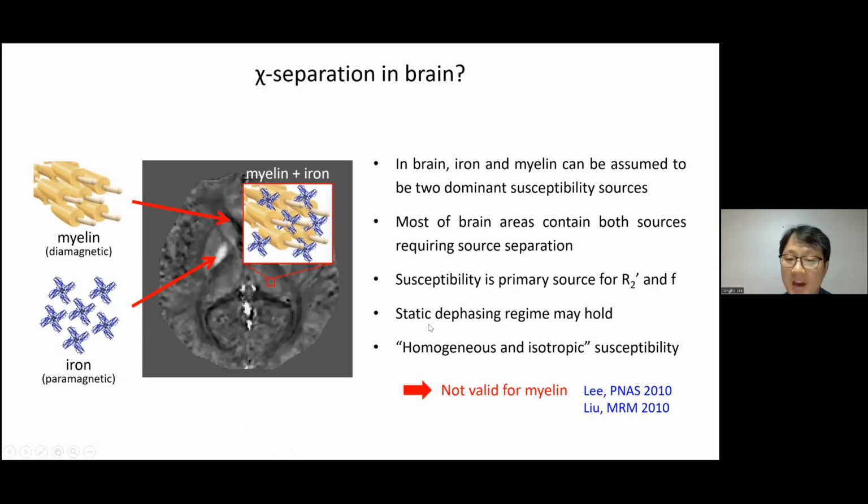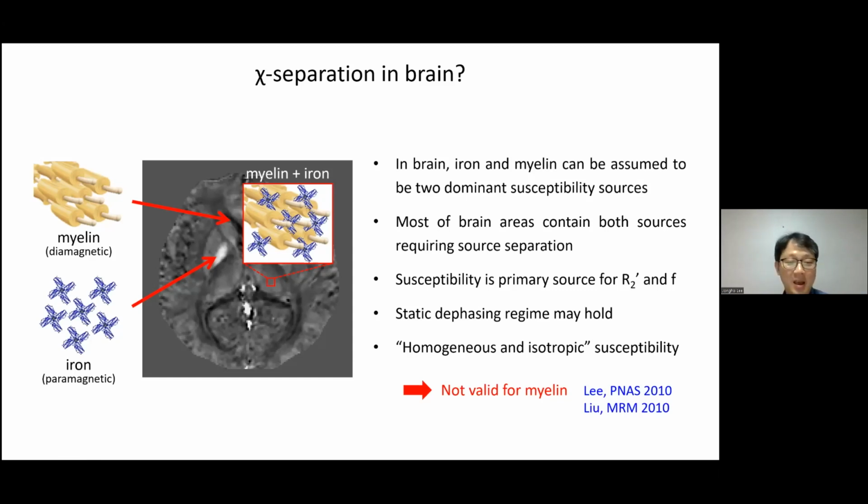Lastly, we need the static dephasing regime to hold so that these two equations work for us. Except in some areas, we believe static dephasing is roughly okay. But despite all these assumptions being fine, there's one last one that is not okay: the assumption of homogeneous and isotropic susceptibility sources.